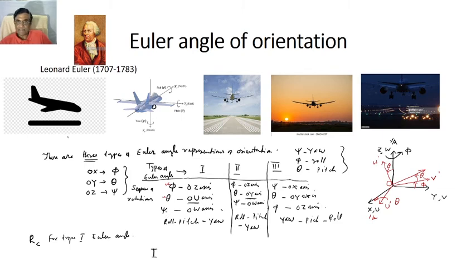and then you are rotating about the OW axis by an angle psi. Where is the OW axis? Here is the OW axis. So you look from here. So it will be counterclockwise, by an angle psi. Okay.